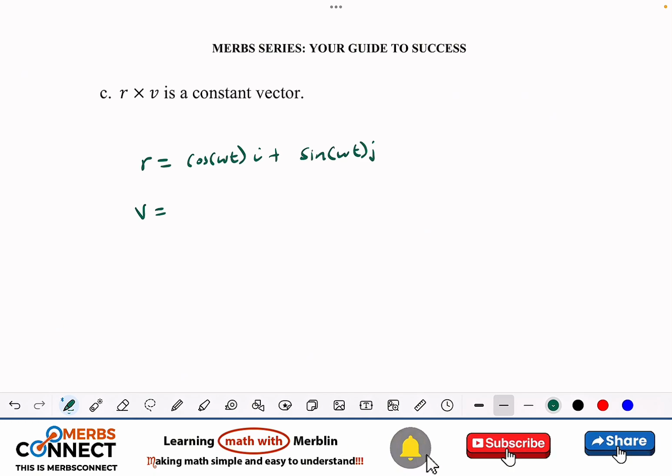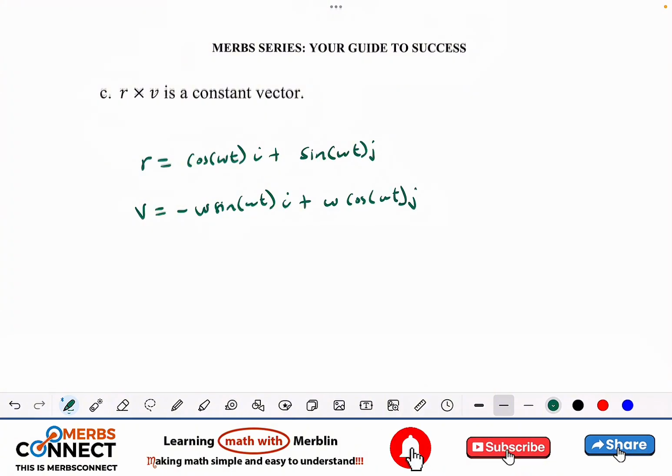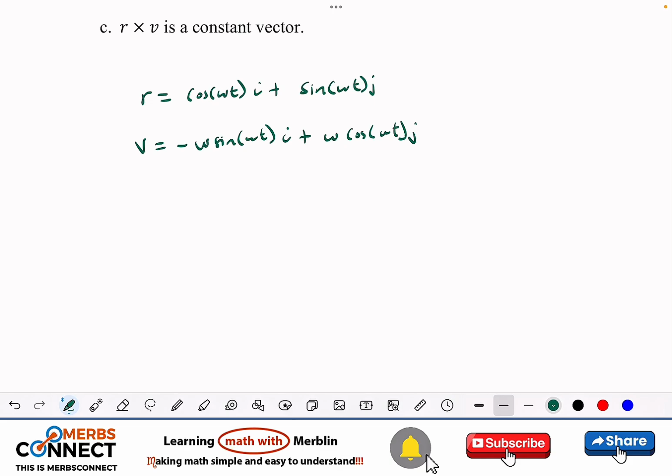So if I'm doing differentiation, V will be minus omega sine omega t i plus omega cos omega t j. So this is what we just need to do.